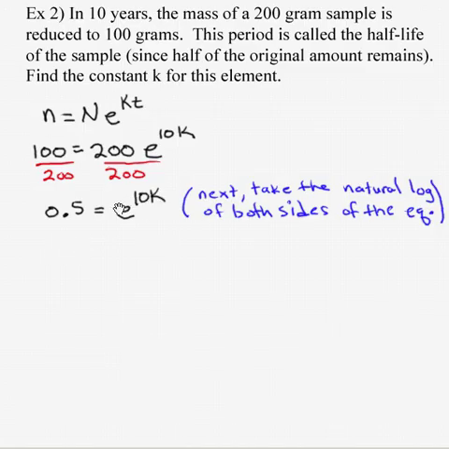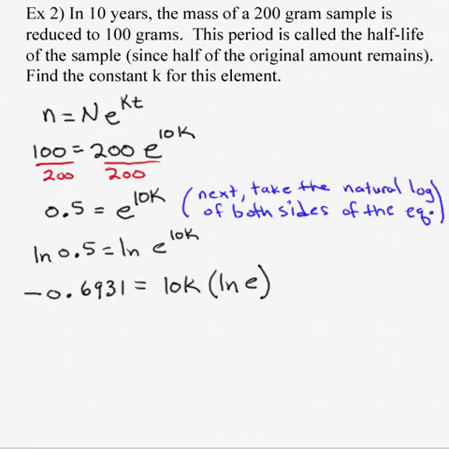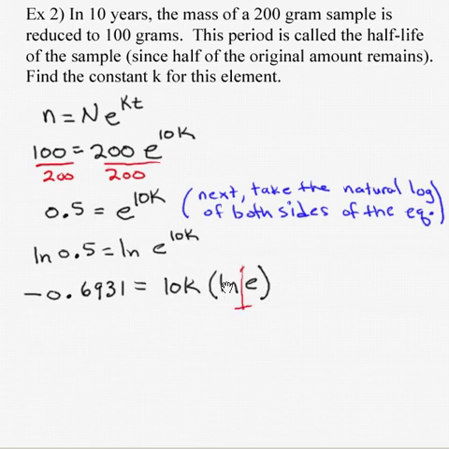Again, we have base e. So natural logs is our natural response: take the natural log of both sides. So take the natural log of 0.5 on your calculator, you get negative 0.6931. On the right side of the equation, the log of a number raised to a power is the same as that power times the log of the number. And the natural log of e is 1.